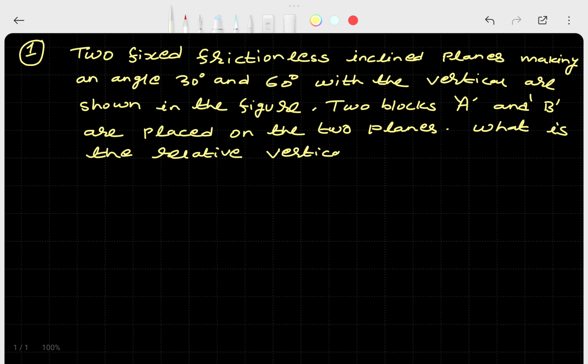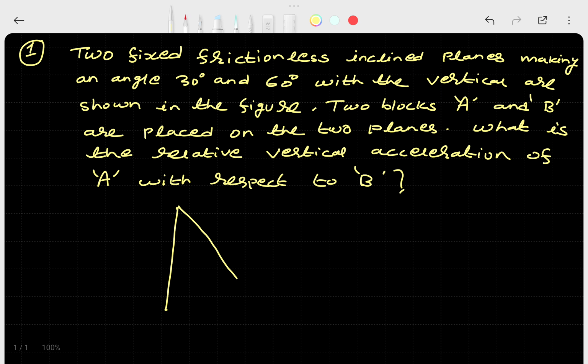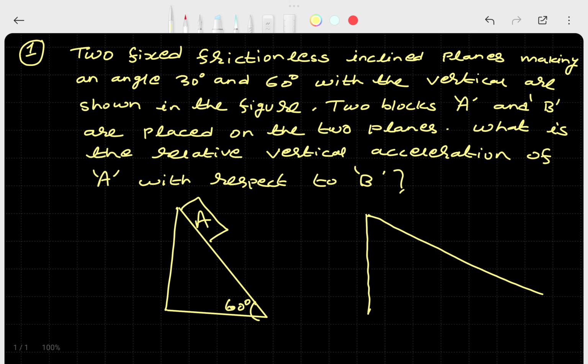Let me draw the figure. One is 60°. One block is placed here, block A, and another inclined plane is 30°.